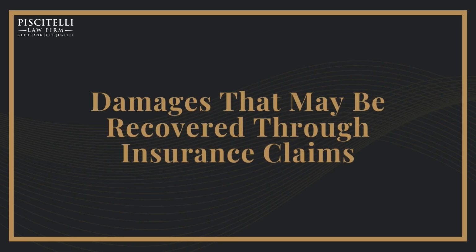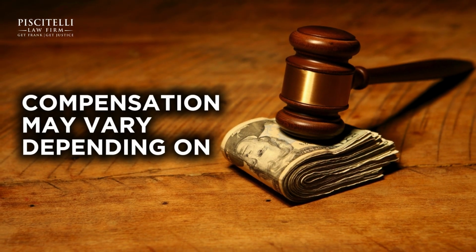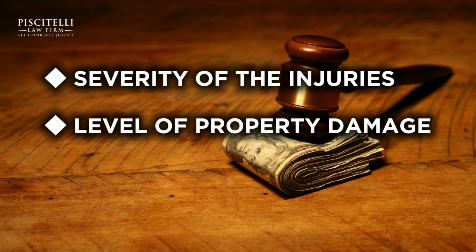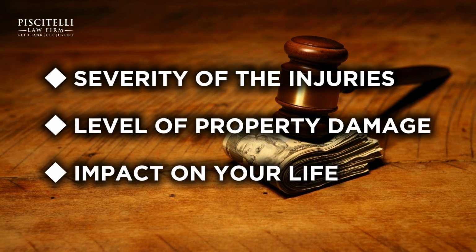Damages that may be recovered through insurance claims. Depending on the facts of the case, compensation may vary depending on the severity of the injuries, level of property damage, and impact on your life.